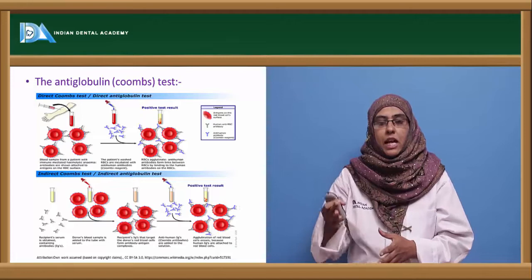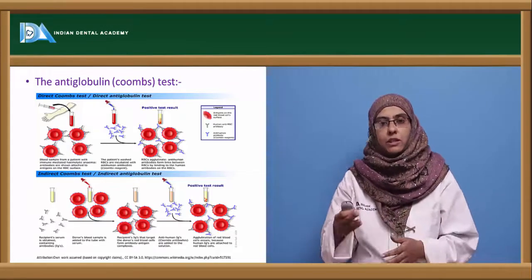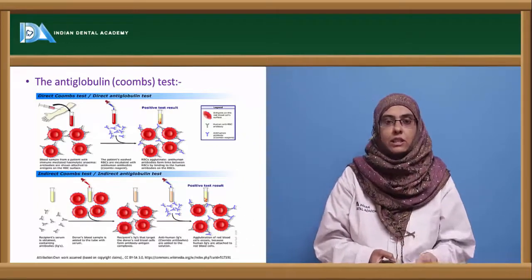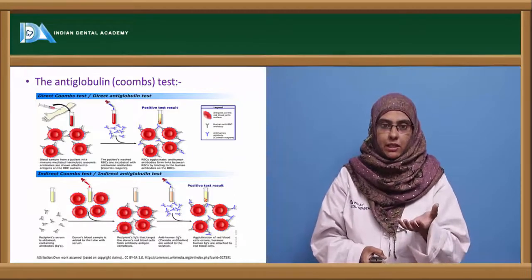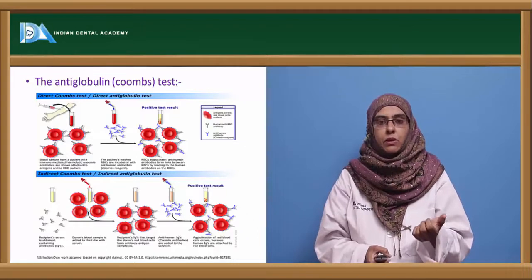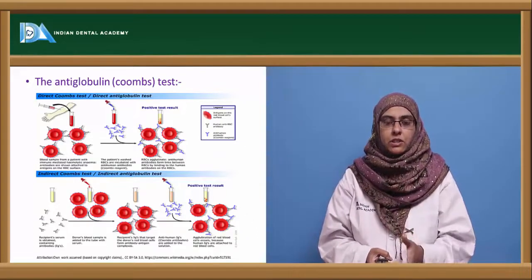And this Coombs test can be carried out as a direct Coombs test or the indirect Coombs test. In the direct Coombs test, the Rh antibodies are taken from the fetus, that is the baby that is born, to identify these Rh antibodies that are causing the destruction of the baby.